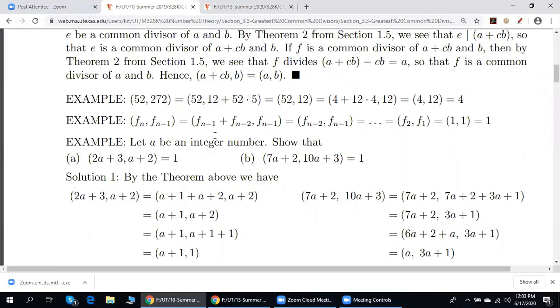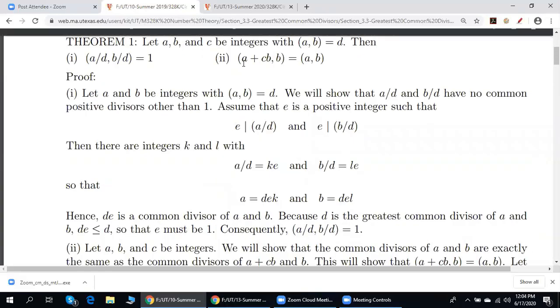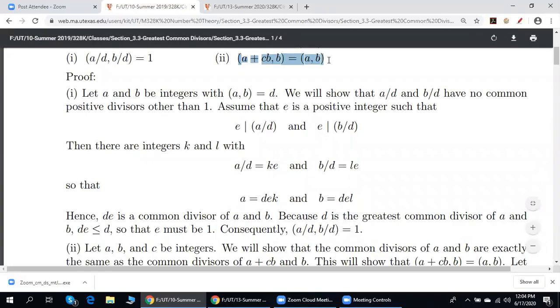Step 1. Let us apply the division algorithm in order to rewrite 272 as 52, which is over here, times quotient plus remainder. Next, we apply this formula.